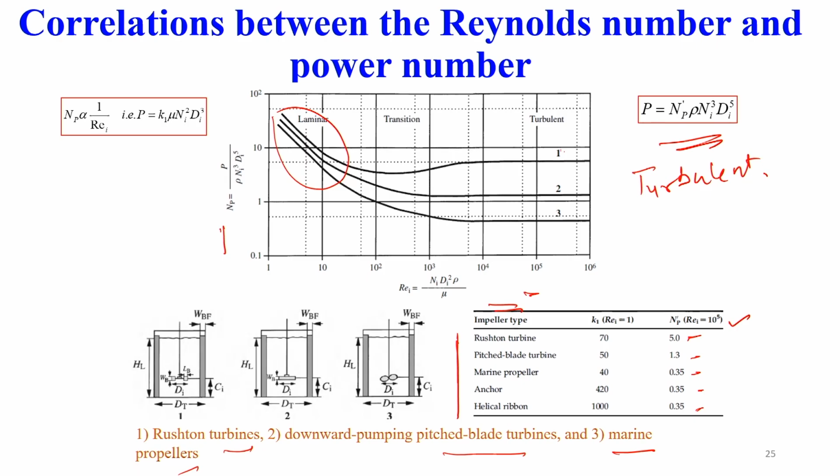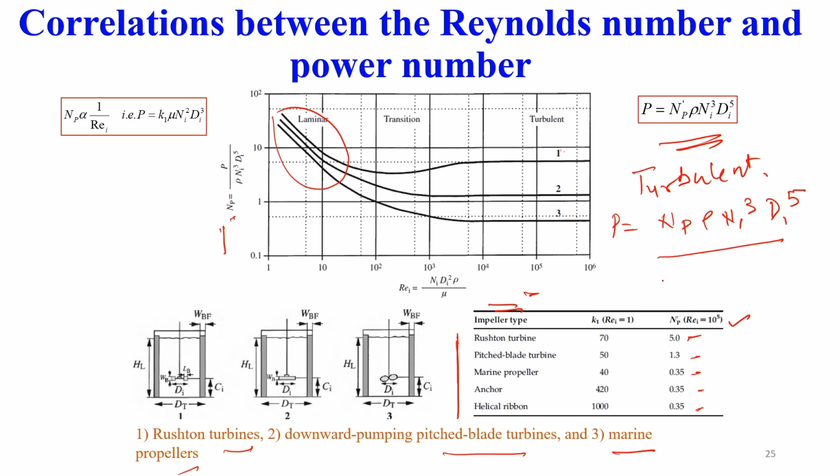Now, what is happening here in the case of laminar flow? There is a linear relation between power number and Reynolds number. So, it says this power number is inversely proportional to the Reynolds number. So, what happens? Let us say P equals NP rho Ni cube Di 5, and this is inversely proportional to the Reynolds number. So, we divide by the Reynolds number, 1 upon Re.